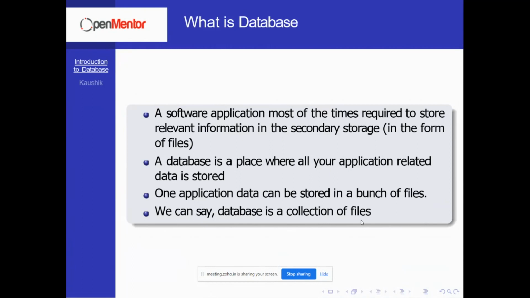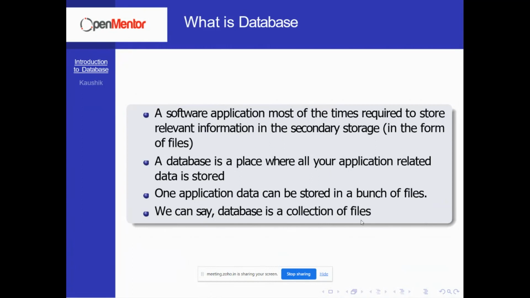That is why we require something called a database. So why shouldn't we store the data in a file? When you store the data in a file, retrieving will become difficult. Optimizing the file contents might be a challenge.